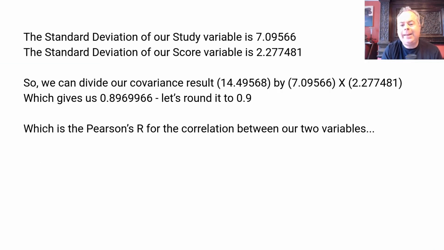It means about 81% of the variability in one variable can be explained by the other variable. So we get that 81% simply by squaring this number here. So 0.9 squared is 0.81. Multiply that by 100, and that gives us the percentage of variability in one variable thus explained by the other.